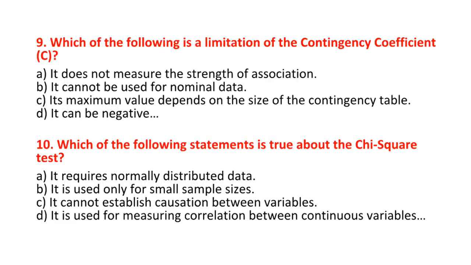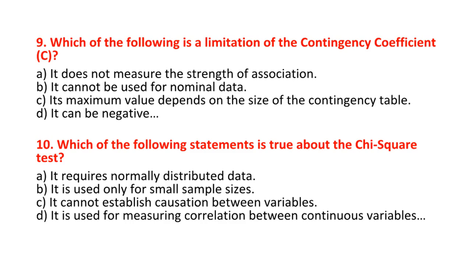9. Which of the following is a limitation of the contingency coefficient? A. It does not measure the strength of association. B. It cannot be used for nominal data. C. Its maximum value depends on the size of the contingency table. D. It can be negative. Answer, C. Its maximum value depends on the size of the contingency table. 10.